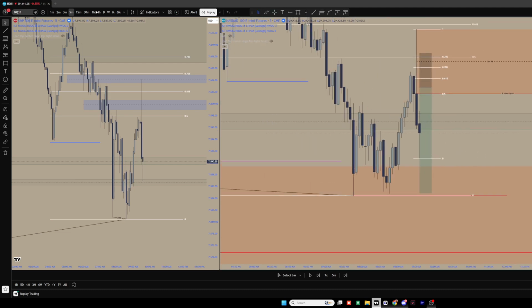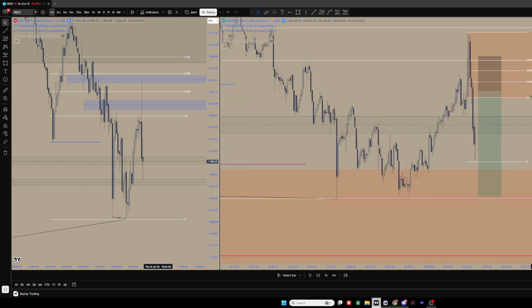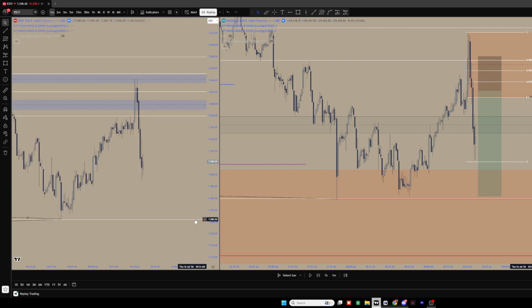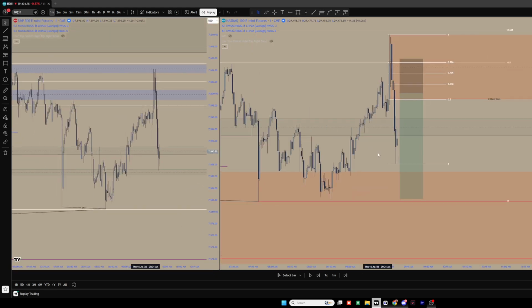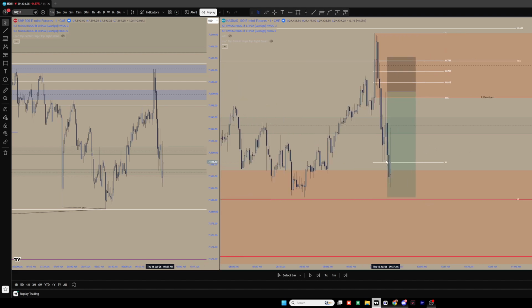And then this delivered pretty quickly. So it got tapped in on this, and then when this candle closed here, I went break even because I did not want to see this little 1 minute rejection block get swept.